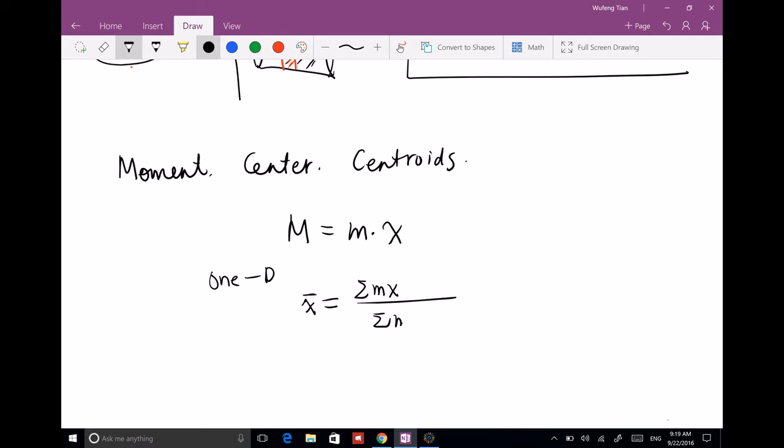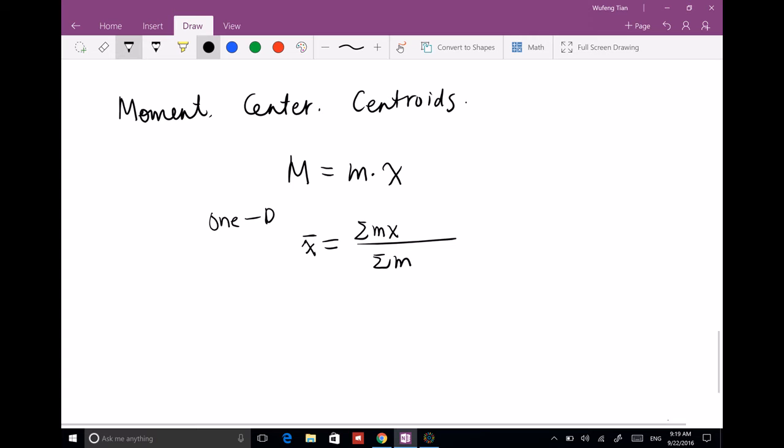That's 1D. For 2D, two-dimensional, you also have it, but with a different name. For 2D, you name the moment of y equals the sum of all the x terms: m1 x1 plus m2 x2 plus m3 x3 plus mn xn.